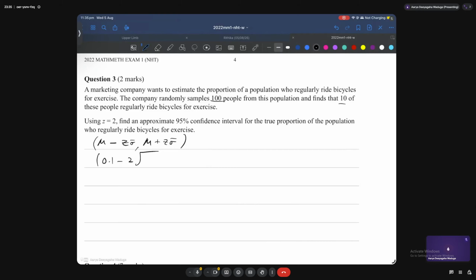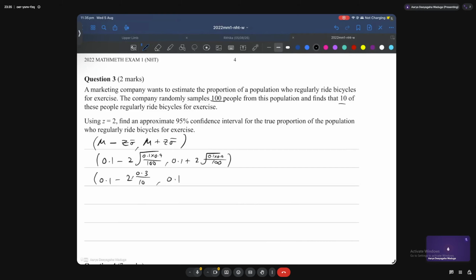So it's going to be root 0.1 times 0.9 over 100. Okay, and it's going to be the same thing but added as well. So we know that the denominator here is going to become 10. The top, 0.09, is going to be 0.3. So 0.3 over 10.